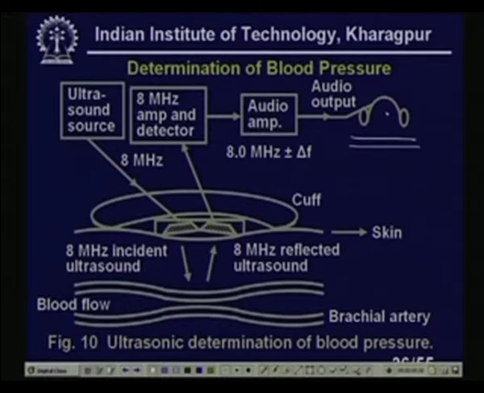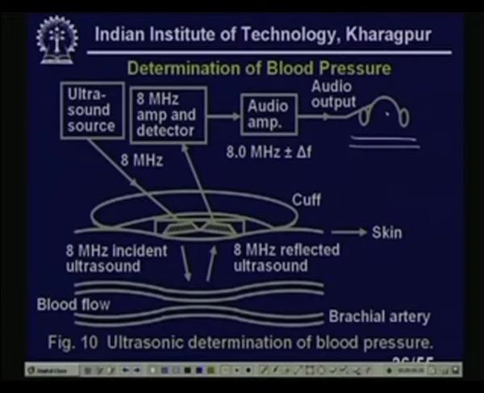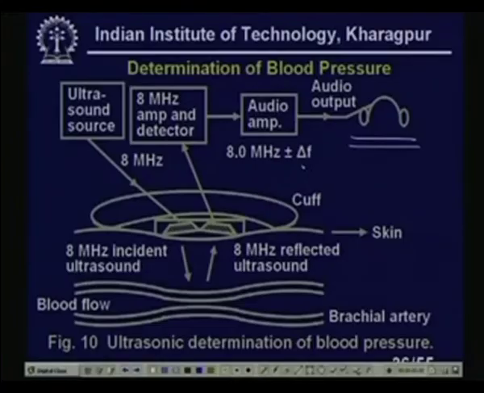During opening and closing of the valves, during opening I will get larger amplitude signals, and during closing I will get short amplitude signals. By this I can detect the ultrasound and measure the pressure. So this delta f is now converted into the audio output, and delta f will be different.